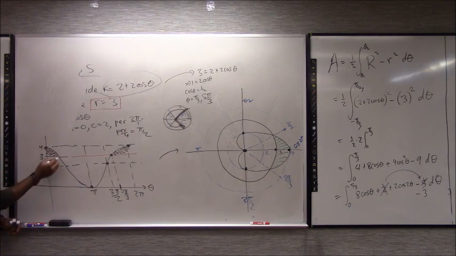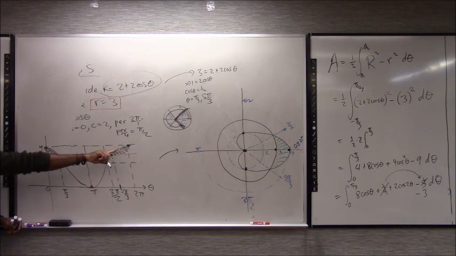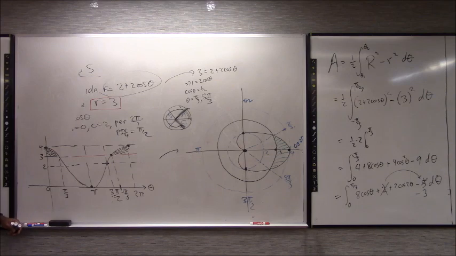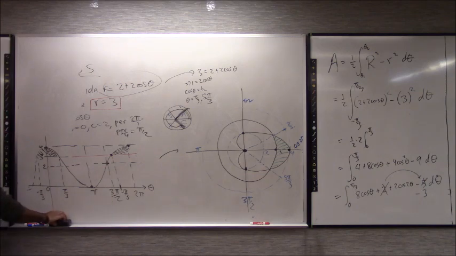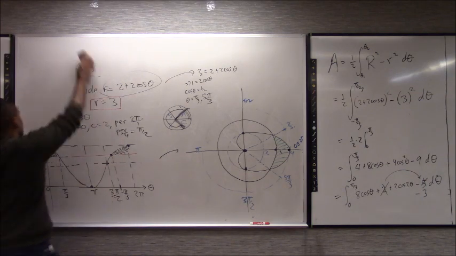So you could actually see that I could integrate from 0 to pi over 3 and then double the answer to get that one. Or if you continued this graph on the other side, you'd realize that you would want to integrate from minus pi over 3 to pi over 3. So you can actually use this graph to figure out the angles as well, but you would of course have to compute them here. Let's finish.